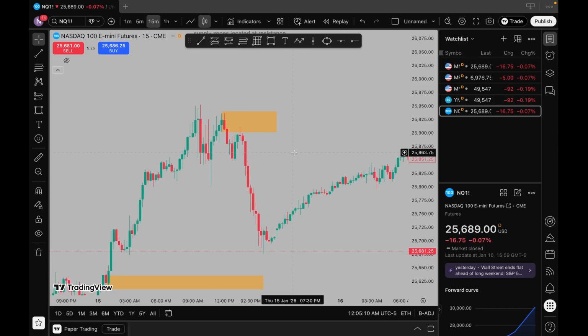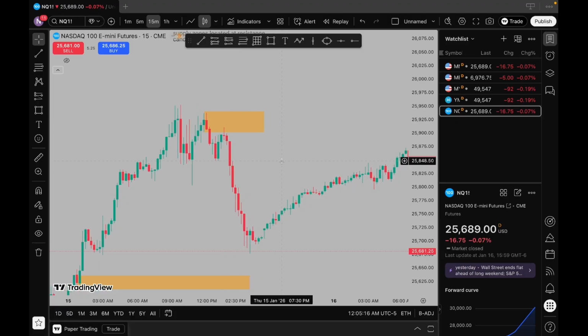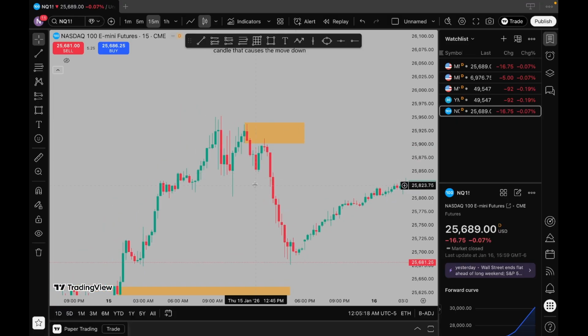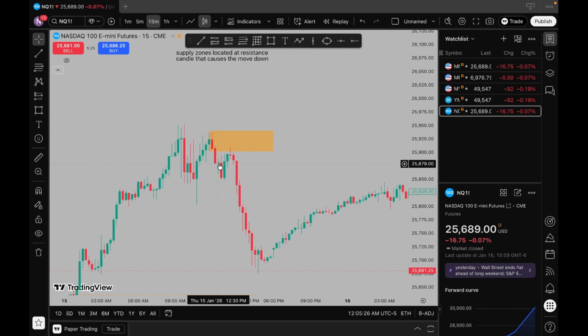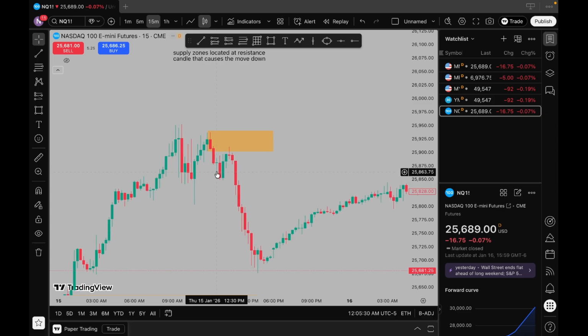Okay? So the way to do this is you find the last candle that caused the move down, and then you want to see 2 or more candles going in the opposite direction. This is not really a good example, but here's an example. We need it to make 2 candles going in the up direction, so at least 2 green candles without touching the supply zone.